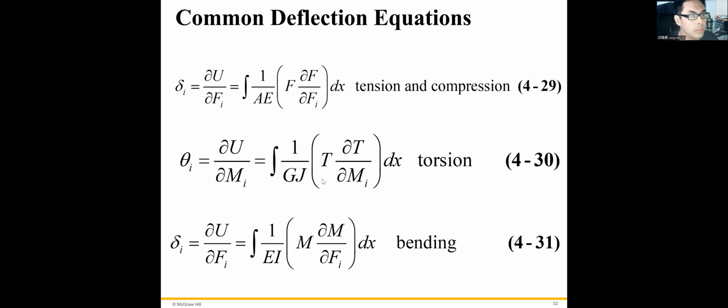Okay, so the common deflection equations. In this case, we don't have to take the strain energy into account.